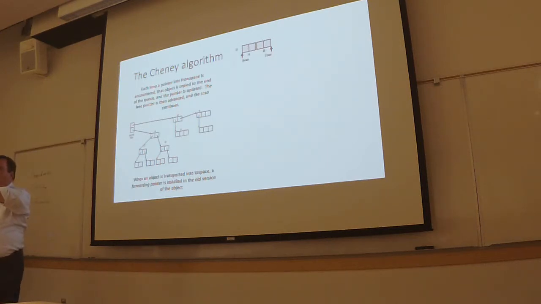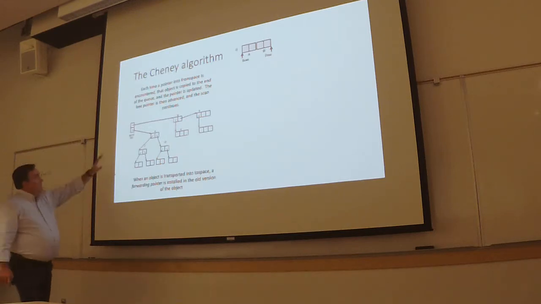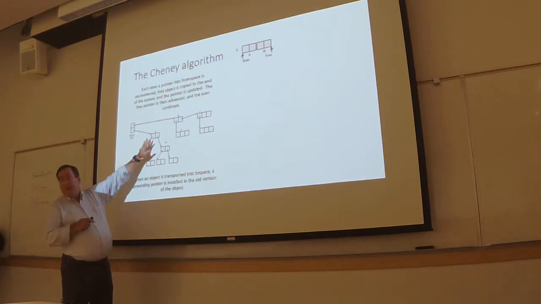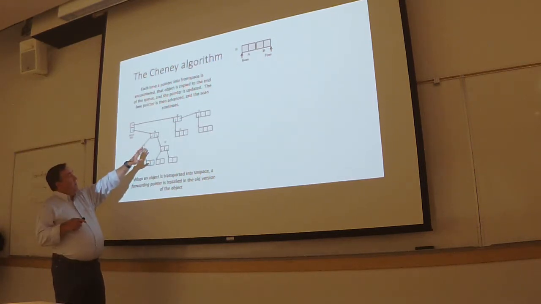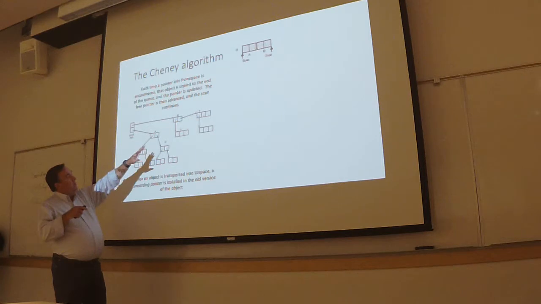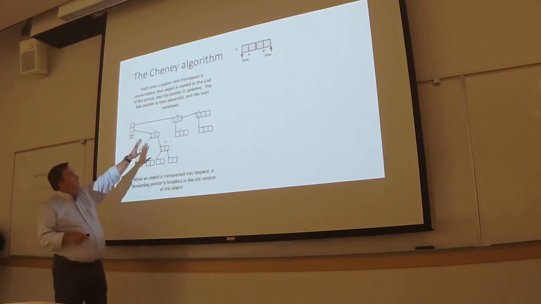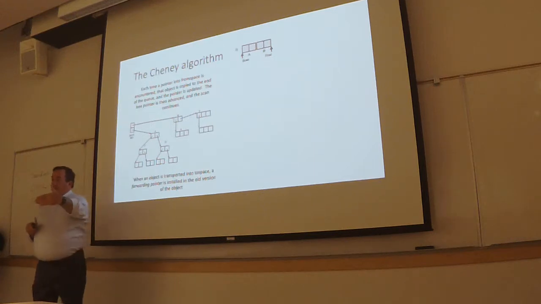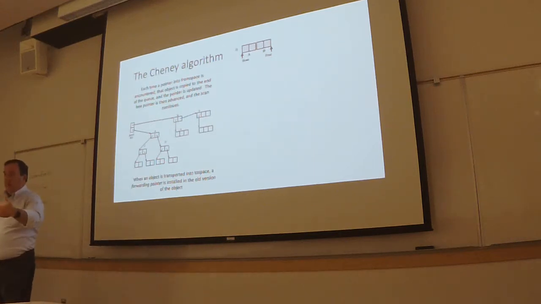The first thing we're going to do is copy over everything in the root set to the address of the free pointer. So we copy A to the base of the free space, the two space, and we update the pointer. Then we copy B over and we update the pointer. Once we've copied over both roots, A and B, the free pointer is pointing after them. Everybody okay with that step?